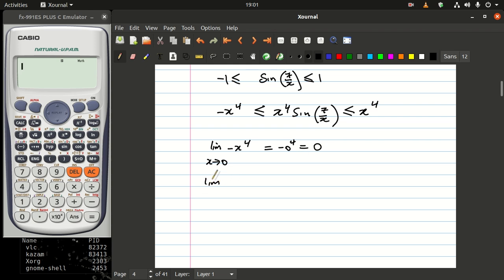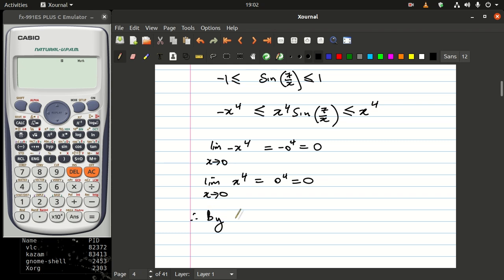If I'm looking now for the limit of this bound here, as x approaches 0, of x to the power 4, I'm plugging in here, I will get 0 to the power 4, which is the same as 0. This is the number, therefore it has to be the limit there. So now that I have these two things, this is going to 0, this one is going to 0, the number between 0 and 0 is supposed to be 0.